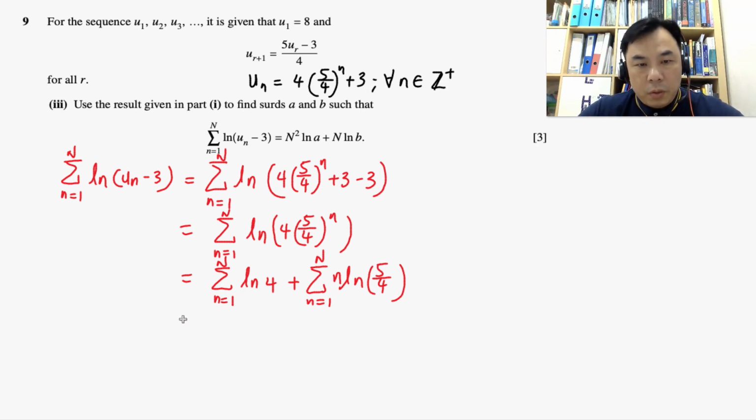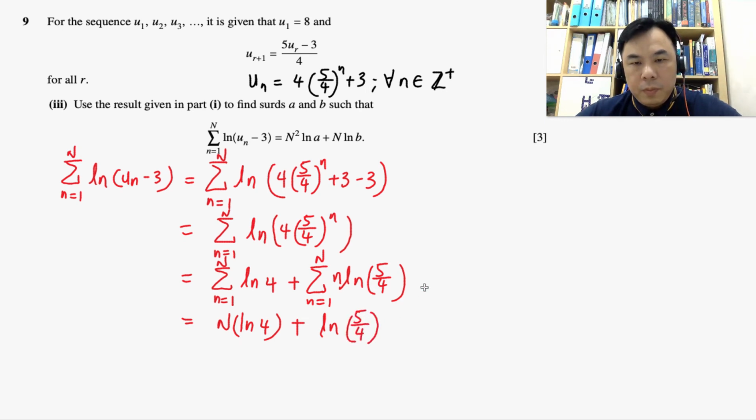And then with a bit of arrangement, this typically says that we are going to sum up ln 4, n number of times. Therefore, this would become n ln 4. And then this part here, we are supposed to have ln 5 over 4 times n, the sum of n.